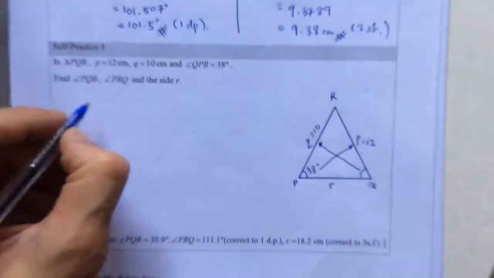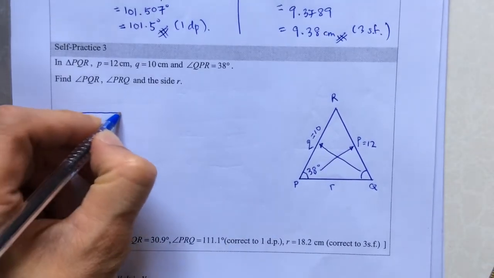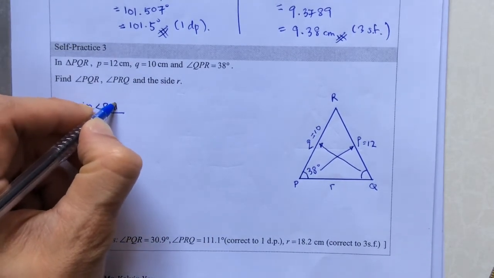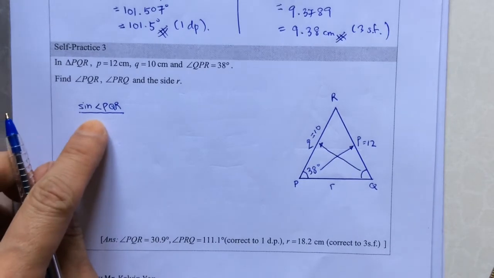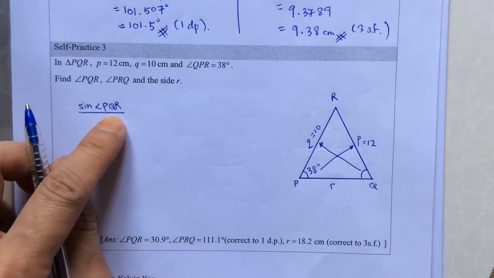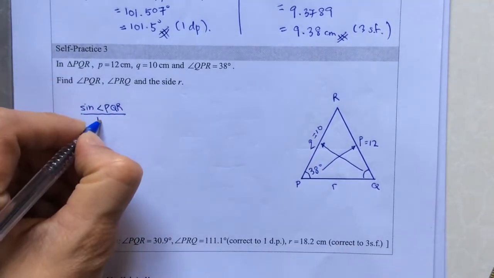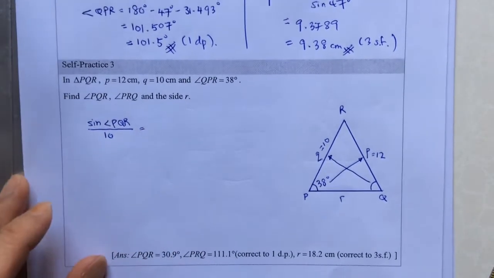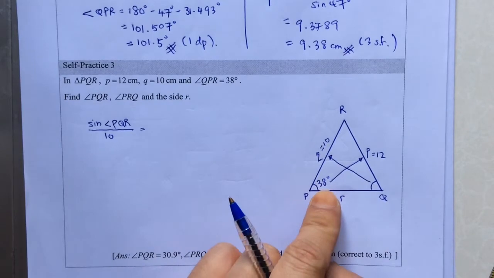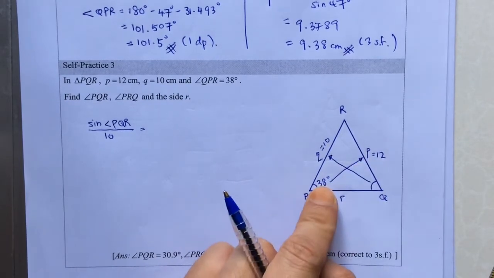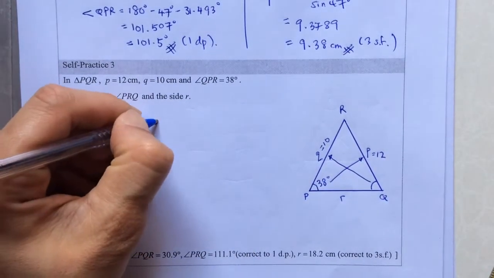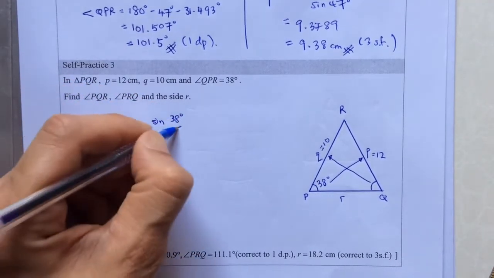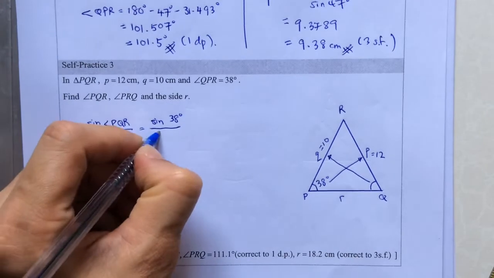So we cannot put PQR at the bottom, we will put sine of angle PQR at the top. And the denominator will be opposite of this angle PQR, which is 10. Similarly on the other side, we will have 12 and 38 degrees together as a pair. So we will put the sine of the angle, which is 38 degrees, divided by the side 12.